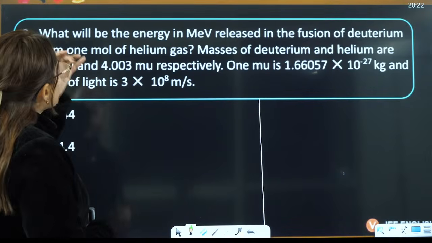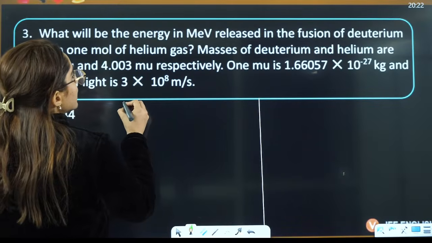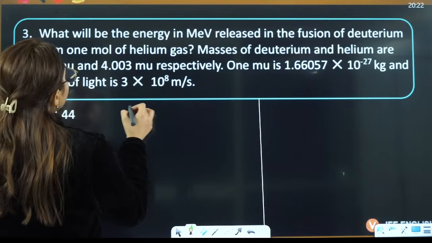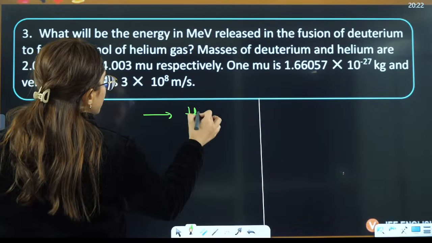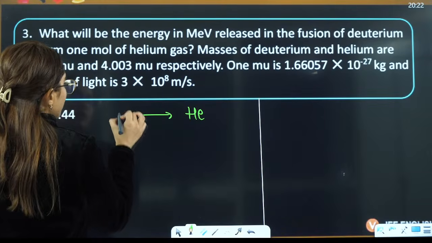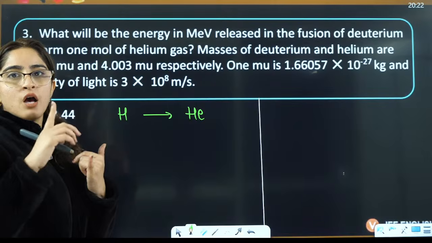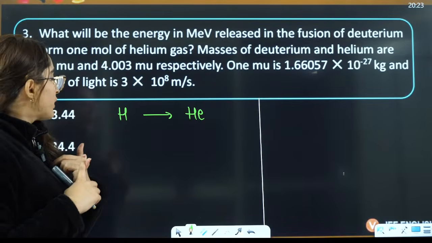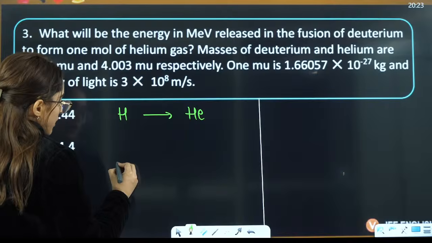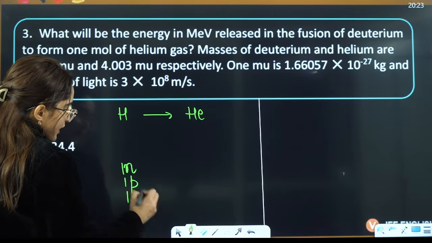So now, energy in MeV released in this: masses of deuterium to form 1 mole of helium. You form 1 mole of helium. Energy release, fusion of deuterium. Deuterium has 1 neutron, 1 proton, 1 electron.